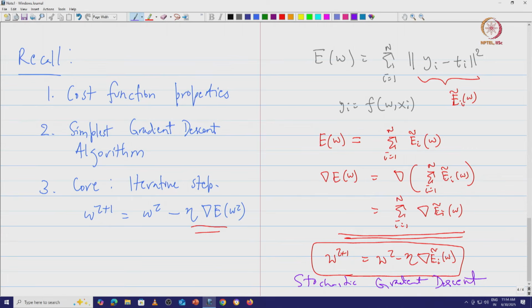Here, randomness is being introduced in the iterative step itself, because you are randomly picking the training data. So, this also gives you the advantage of being stuck at a local minimum with a lower probability. And now you can also scale this algorithm to a model that is built on large training data. So, this is the stochastic gradient descent algorithm.